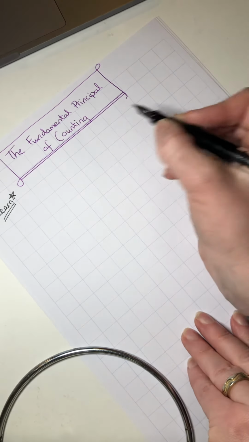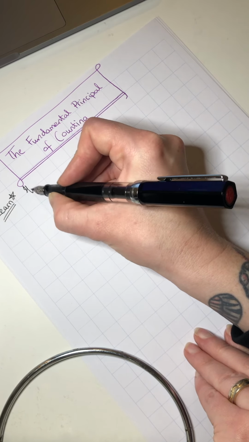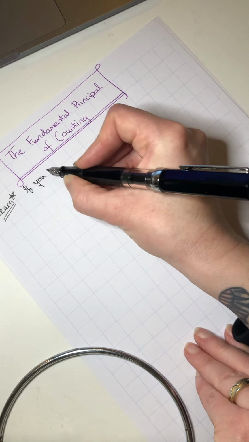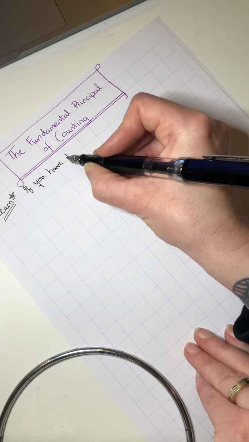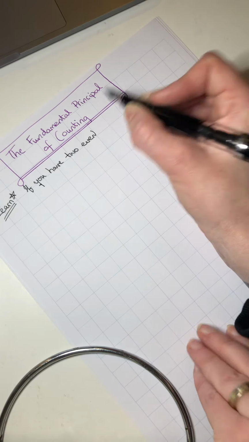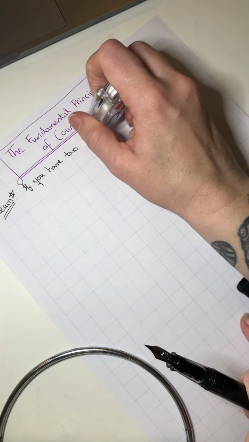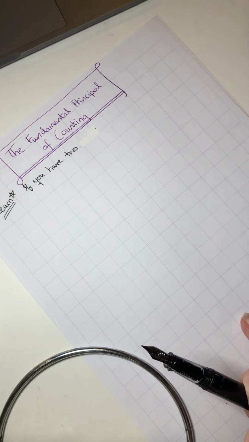So the fundamental principle of counting states that if you have two events, I really should say two trials based on the definitions that we had yesterday.